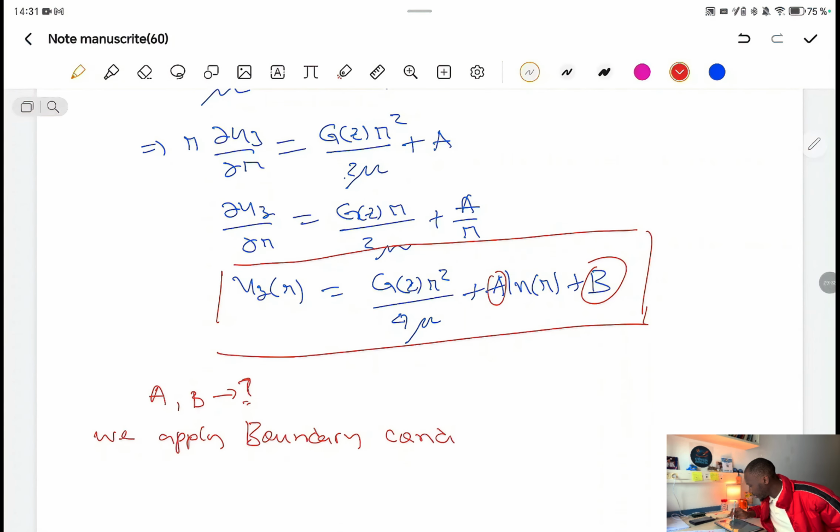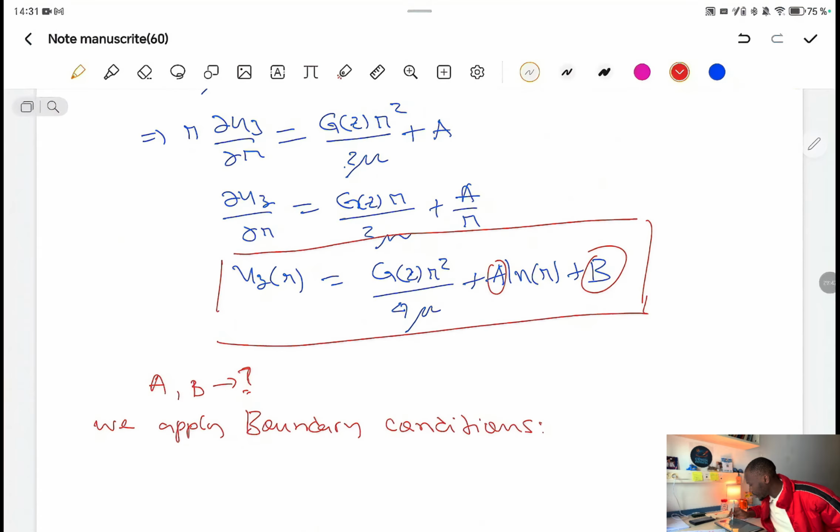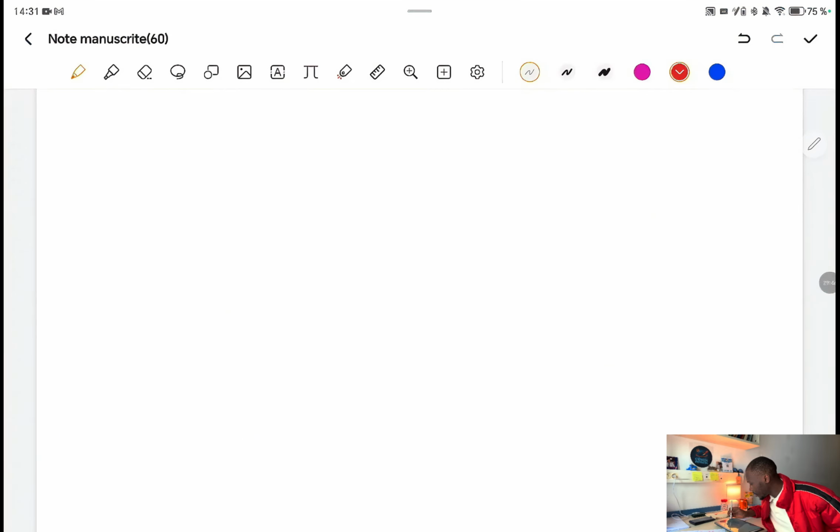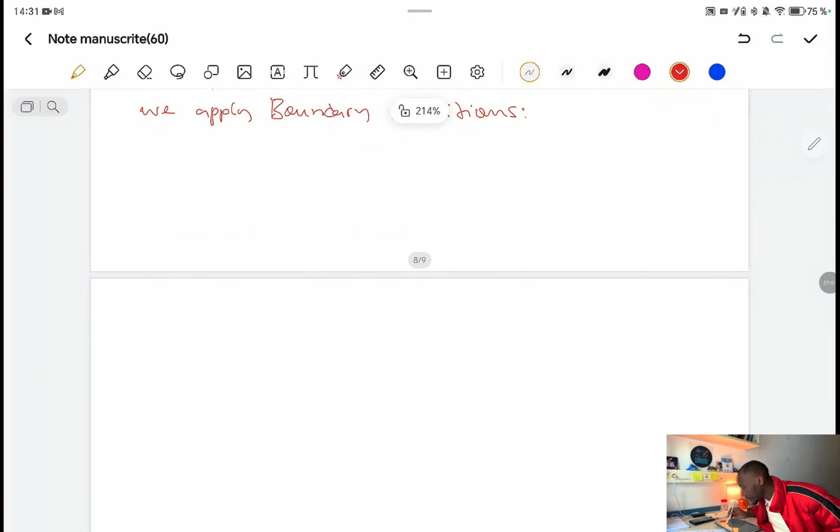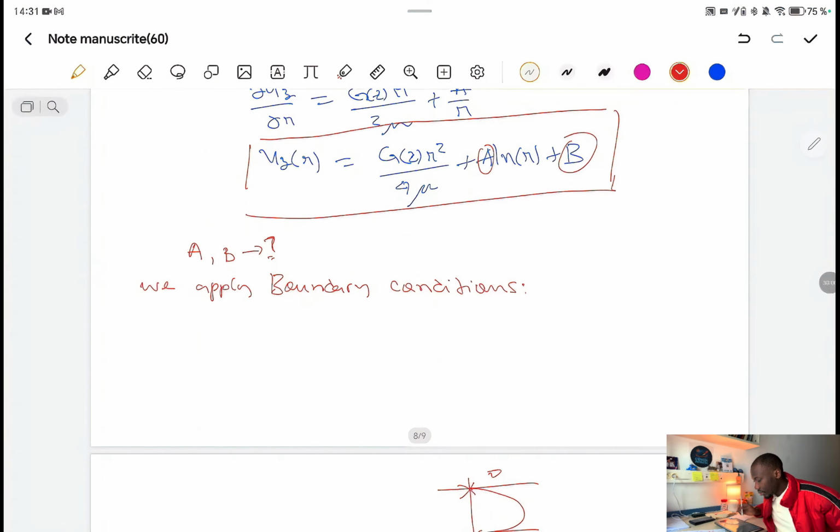To apply boundary conditions, we have to understand what's actually going on.